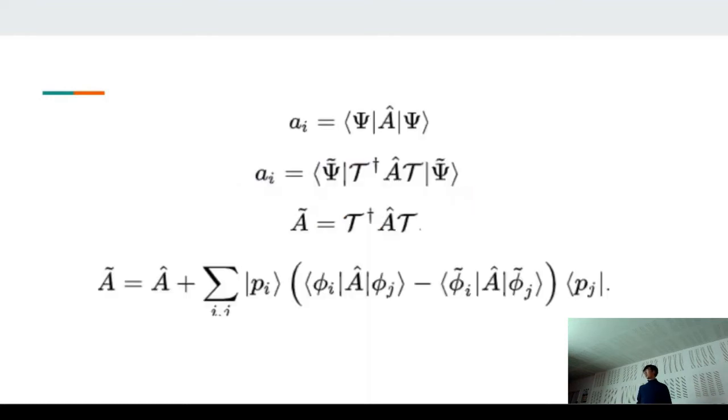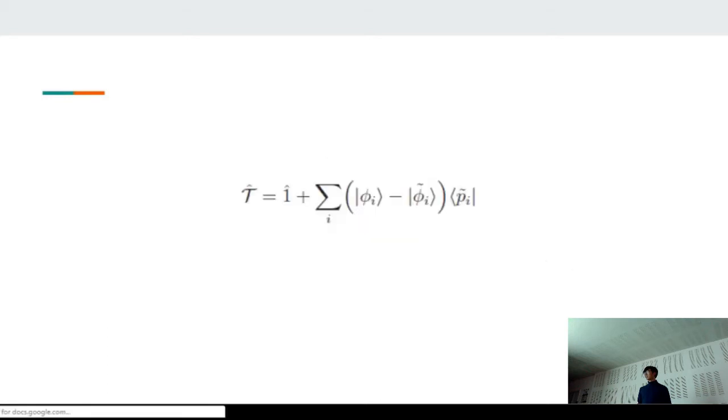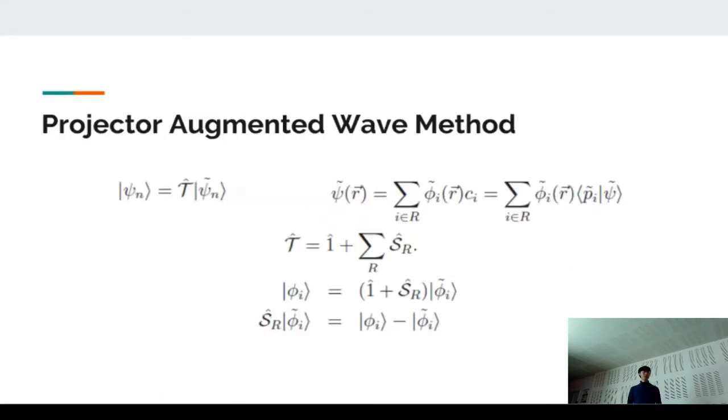So that's the first part of the presentation, density functional theory, and off to the second part. We're applying mainly the projector augmented wave method to studying optical transitions of ruby crystal.